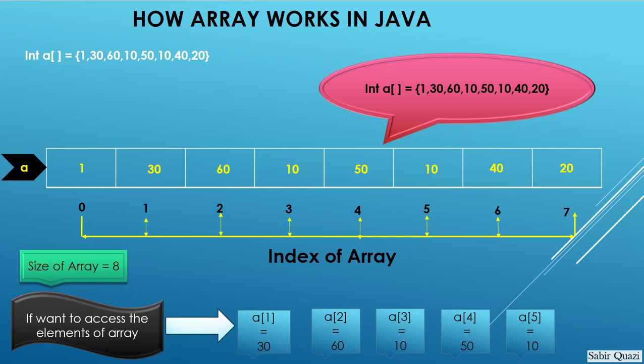That is why the size of the array is 8, meaning the size of the array is the number of indexes it has. So what is the size of an array? The number of indexes it has, and we always require the size of the array to loop through its values and fetch the data using various types of loops.